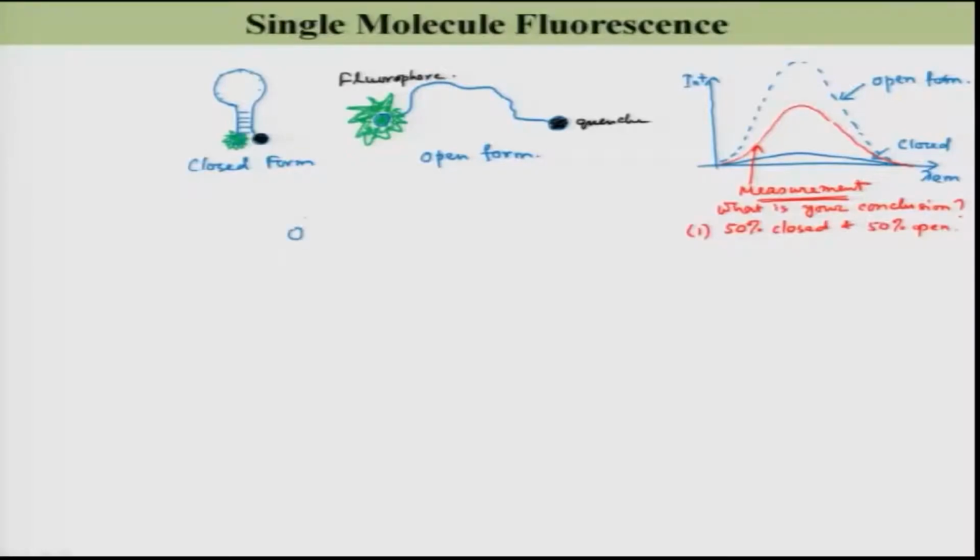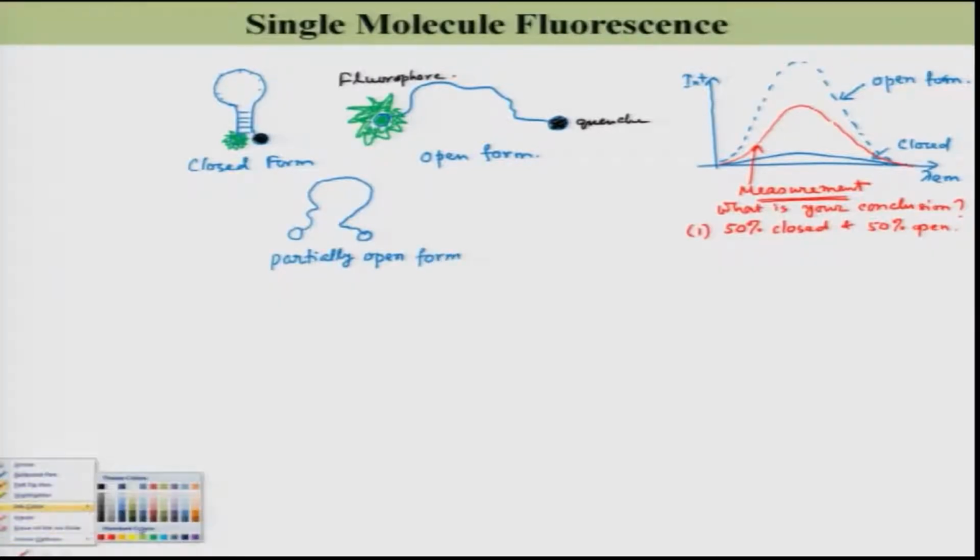For example, let us say this is the situation, another type of form. I will name it as the partially open form, it is not fully open, partially open form.